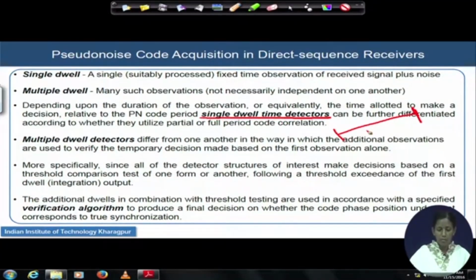So it is either a full period code correlation or a partial code correlation, and hence the single dwell time can be classified further.